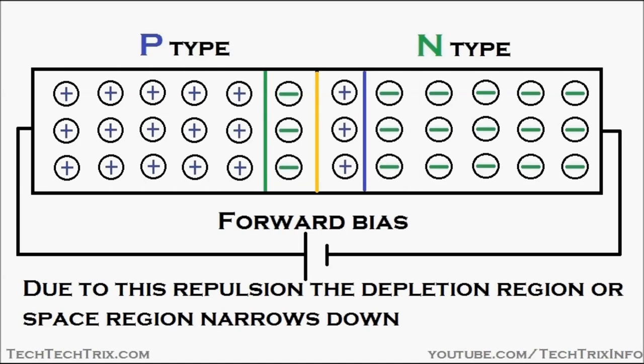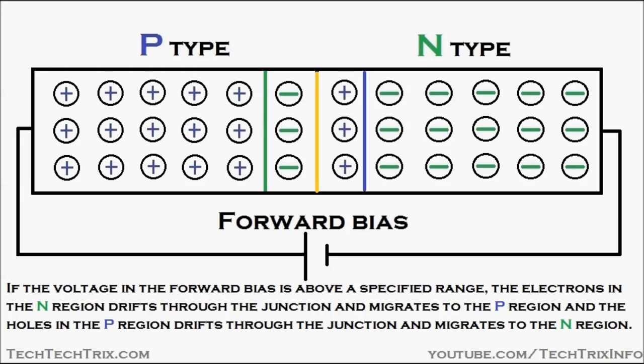You can see the junction is shrinking there. Due to this repulsion, the depletion region or the space charge region narrows down, as you can see in the animation.